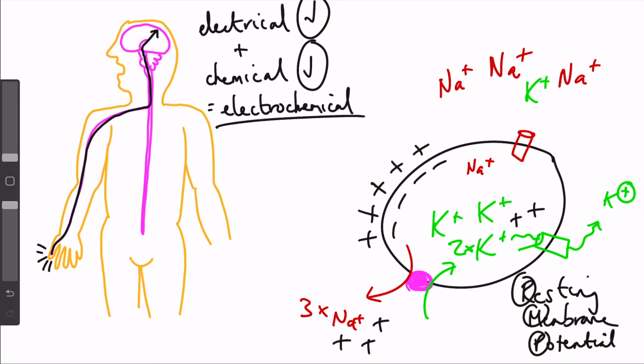Now this is giving you a hint that we must change this resting membrane potential to send a signal down a neuron. And that's exactly what we do. First thing you need to be aware of here is that when we take a look at the resting membrane potential, we need to have a look at the charges associated with it. So if I were to get something called a voltmeter, what a voltmeter does is it actually compares the charge difference from inside a neuron to outside a neuron.